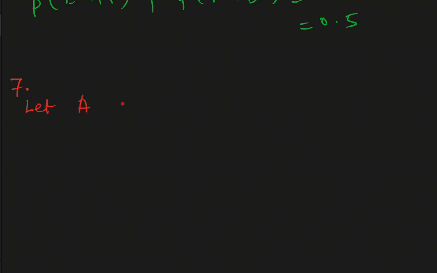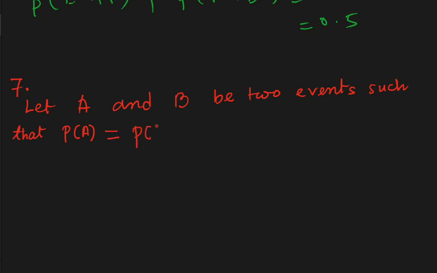Let A and B be two events such that P(A) = P(B) = 1, then the value of P(A intersection B). Okay.